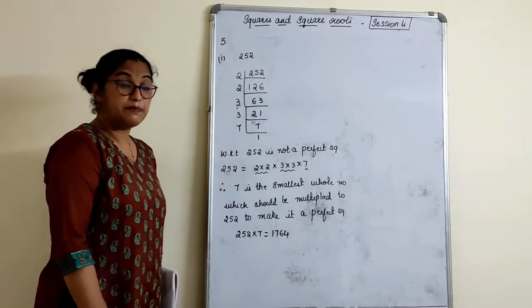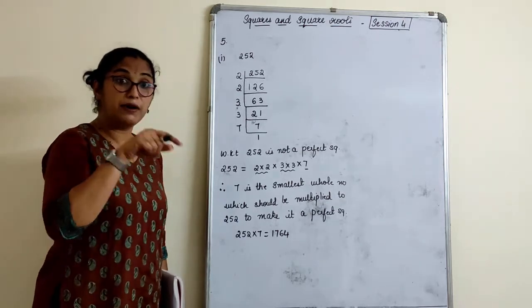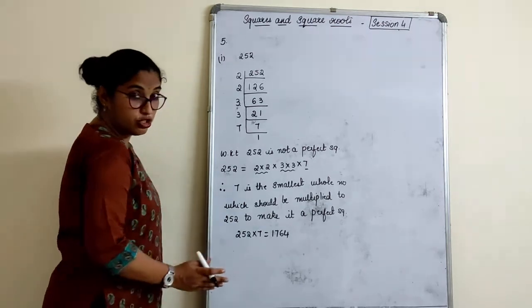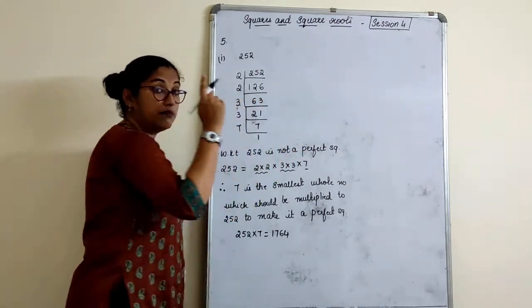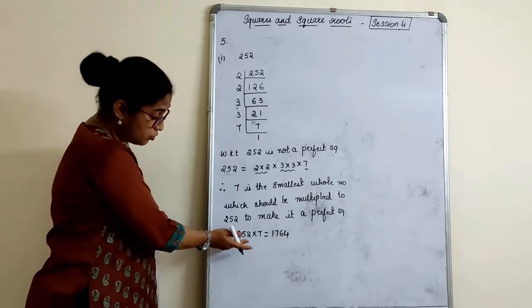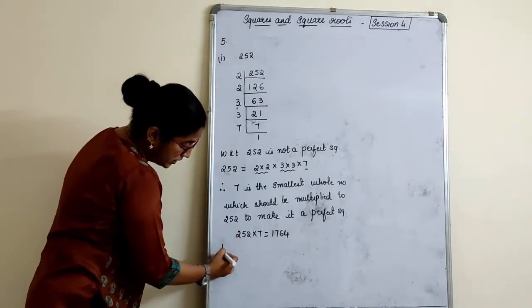Now what is our next step? They have also asked us to find the square root of the number finally formed. Now I don't have space here, children, so I will be doing this beside. But you are supposed to do this one below the other, right? So after this you have to continue here only.